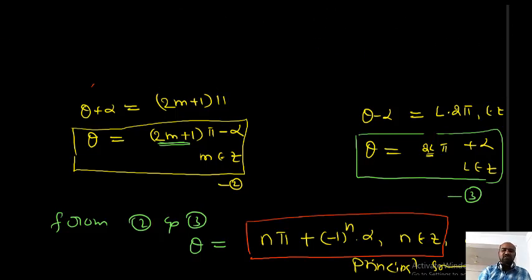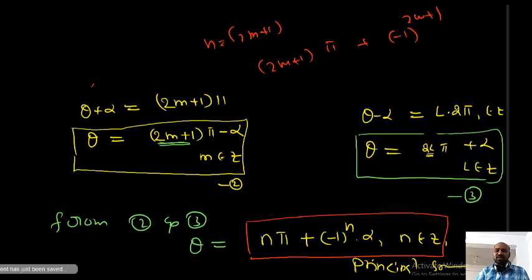Listen. Instead of n I can write 2m plus 1, and instead of n I can write 2l also. So n is taken as 2m plus 1. Substitute here, what happened? (2m plus 1) into pi plus minus 1 into (2m plus 1) into alpha. Minus 1 power odd integer, minus 1 only, no? So what you will get? (2m plus 1) into pi minus alpha.